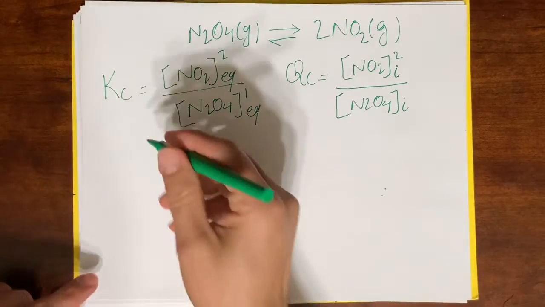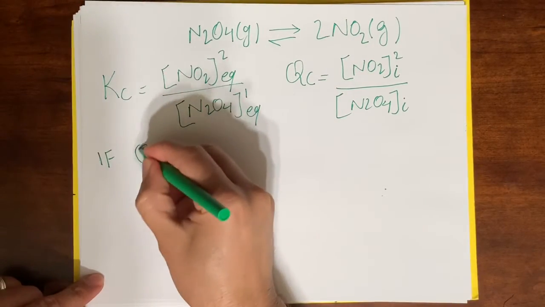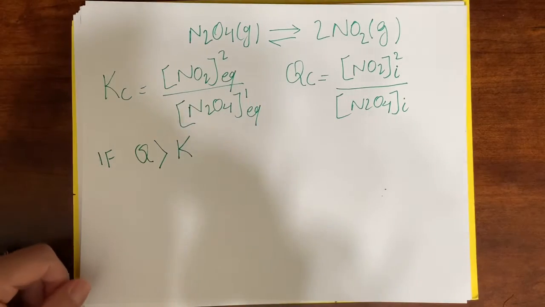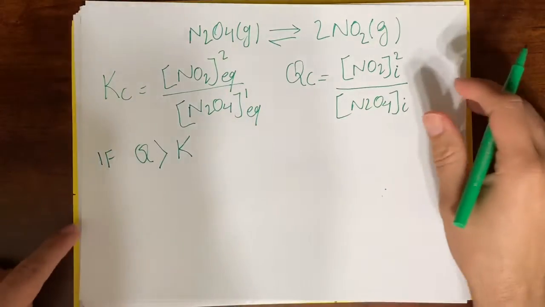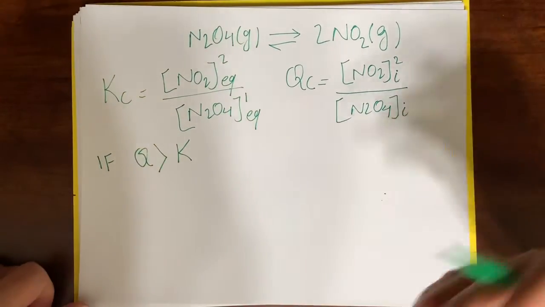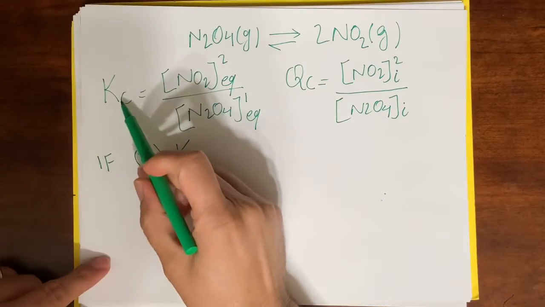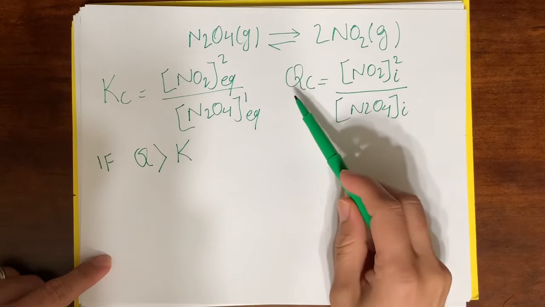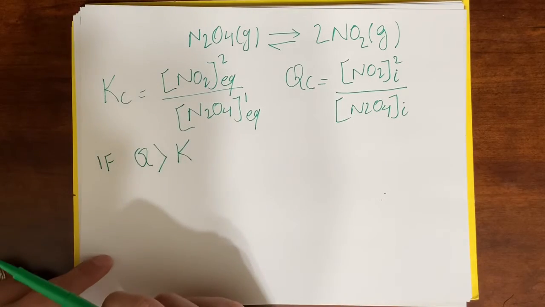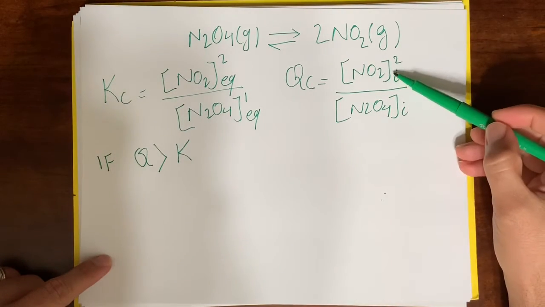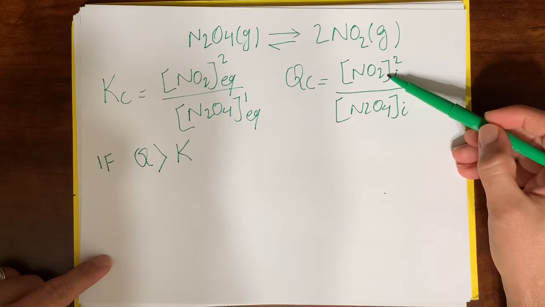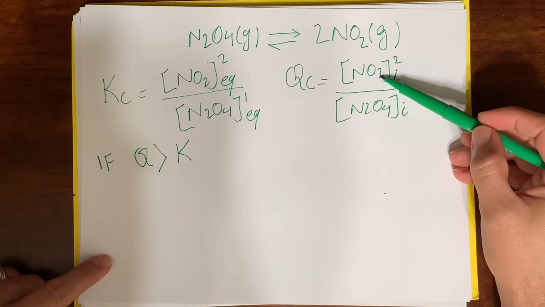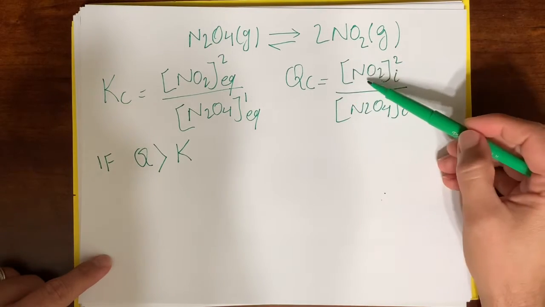Now if Q is bigger than K, we want to compare K with Q for this specific reaction. If the numerator of Q, which is NO2, the product, is high, then Q is going to be a big number.